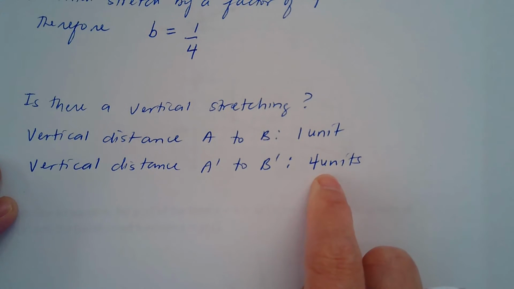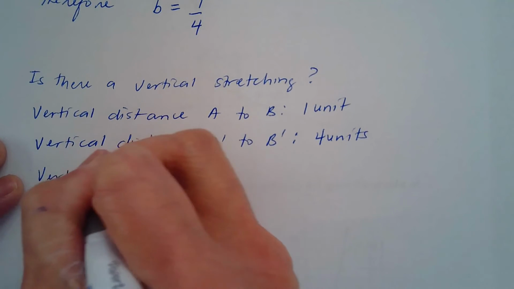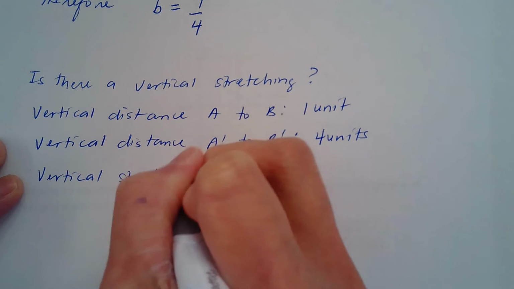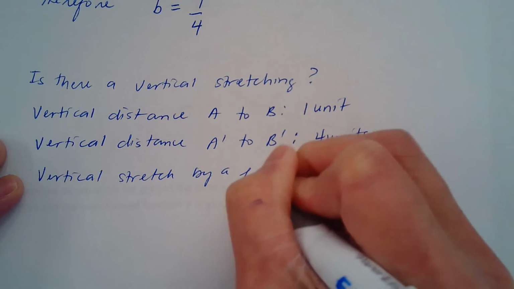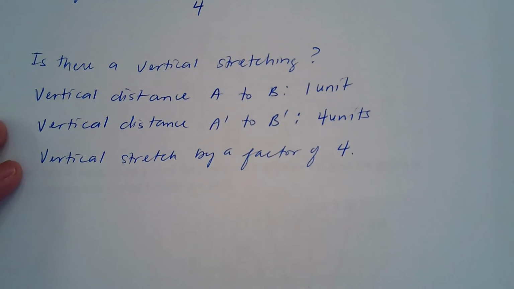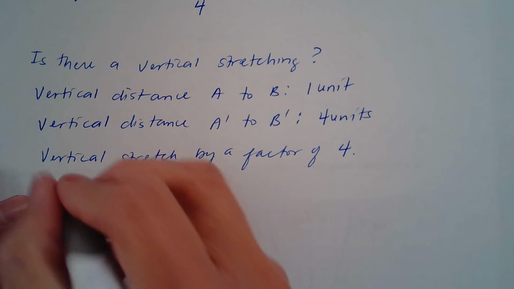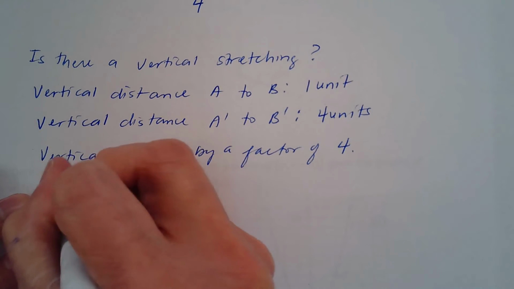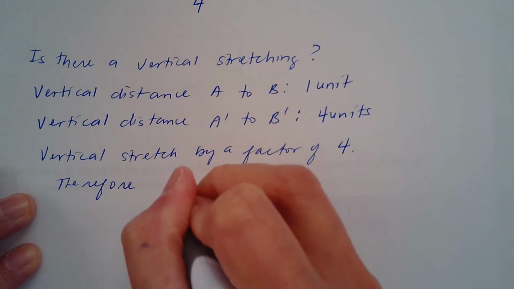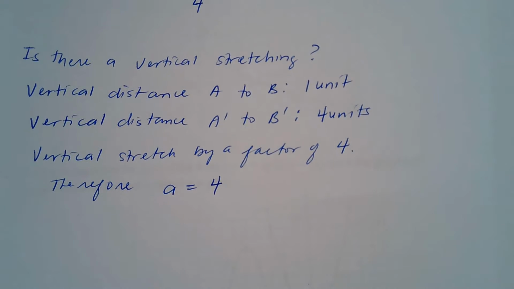So 4 divided by 1, that's a vertical stretch by a factor of 4. The vertical stretch is the A value that we're thinking about. Therefore, A is equal to 4.